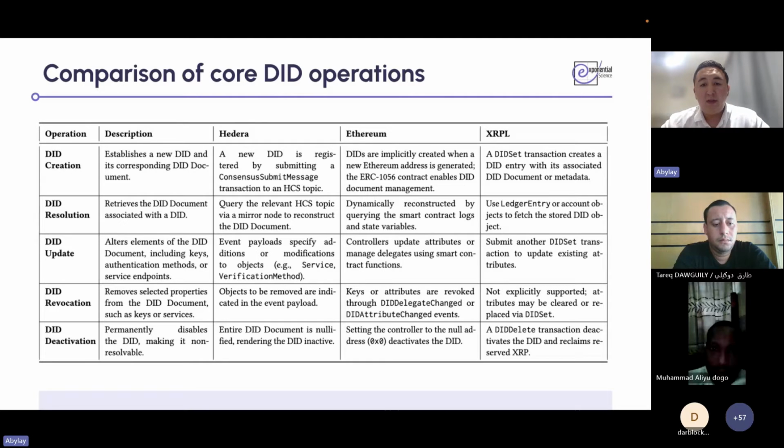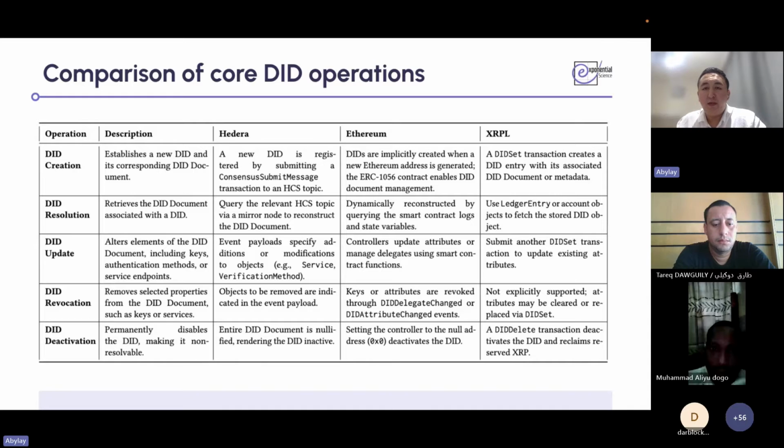In Ethereum, it's a bit different. They have implemented it in a way that they set the controller to the null address. The null address is only zeros. So if you set it to the null address, you lose control of your DID.